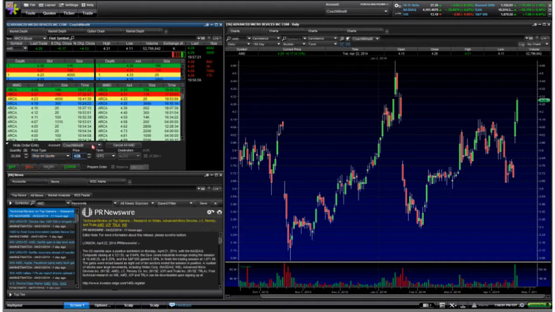So I could put my stop on quote in at $3.94, hit the sell button. It's term good till canceled because I just want it to be there forever until I change it. And what this says is when $3.94 is hit, they will market order sell my shares.